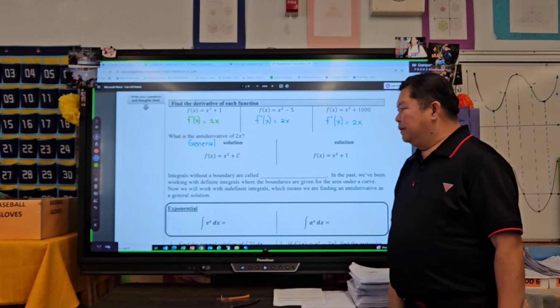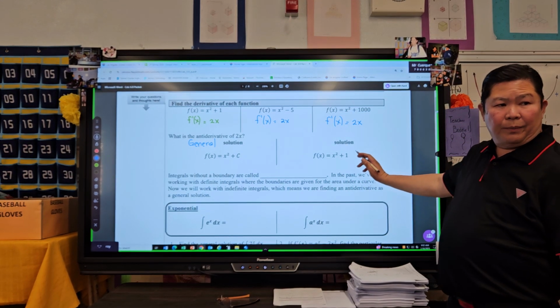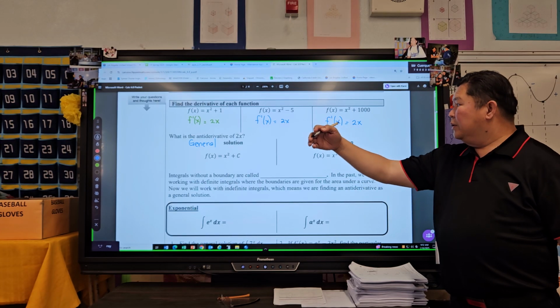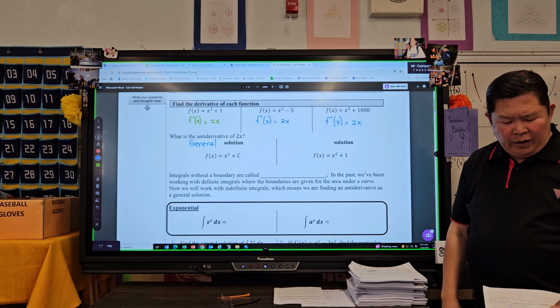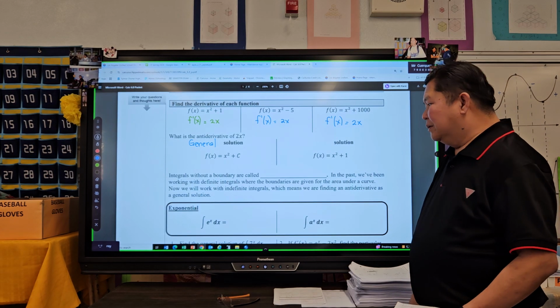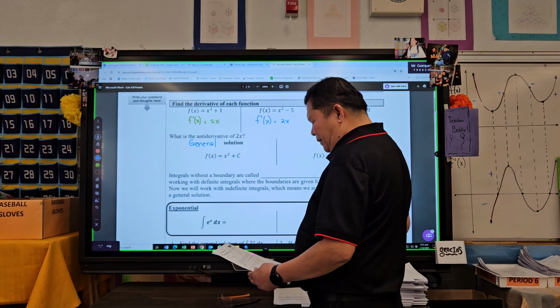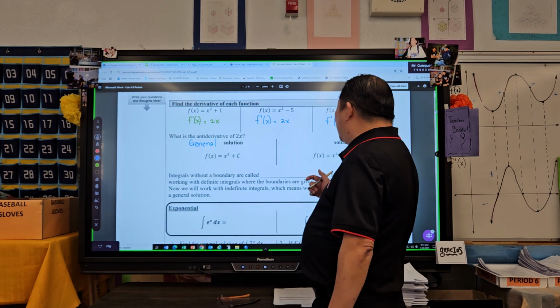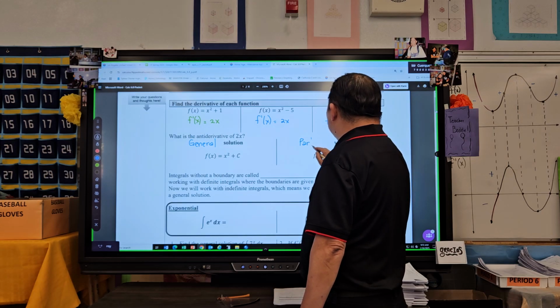Now look at this. This has a constant plus 1. So from general solution to, what do you think? From general to a particular. So this is a particular solution.